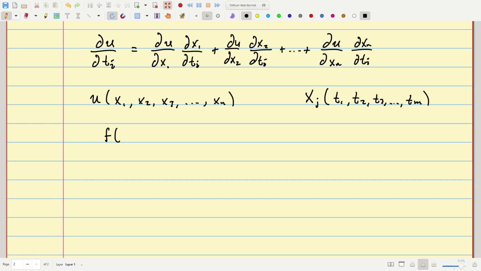We'll write it like this. Okay, so we have f, and f is a function of w, x, y, z. This is an example. And w, x, y, and z are all functions of s and t.